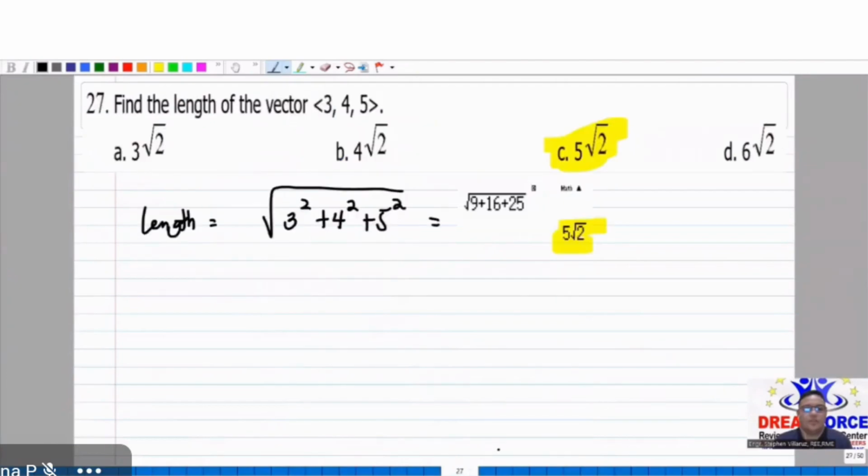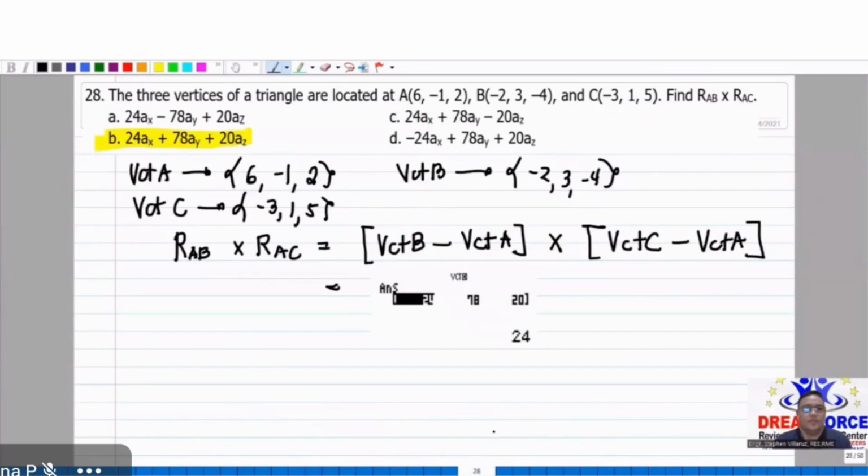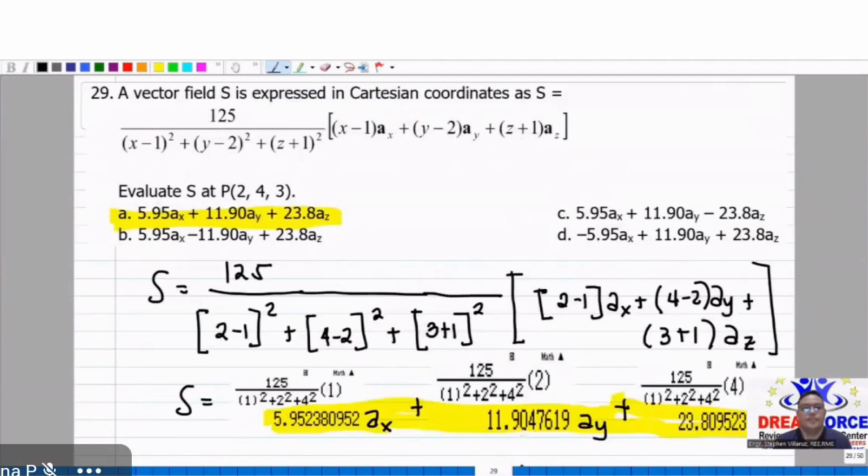Next, 27. Cat. Okay. Length lang ng vector. So, square root of a squared plus b squared plus c squared. Next, cross product lang, or I should say A cross B or AB cross AC. Okay, cross product. Letter B. Next, 29.